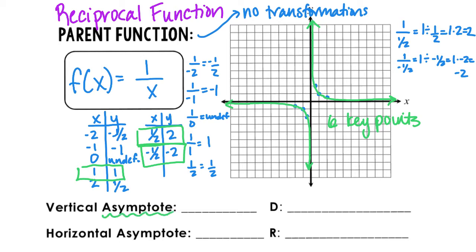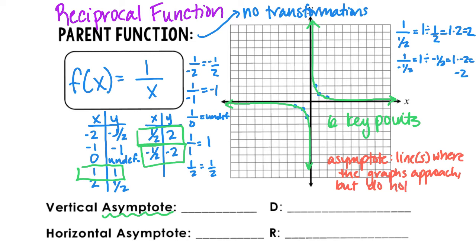An asymptote we've talked about before. I believe we talked about asymptotes when we talked about exponential and logarithmic functions. So it is the line or lines where the graphs approach but do not touch, or but do not intersect.